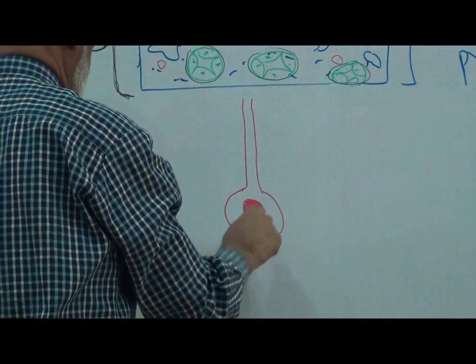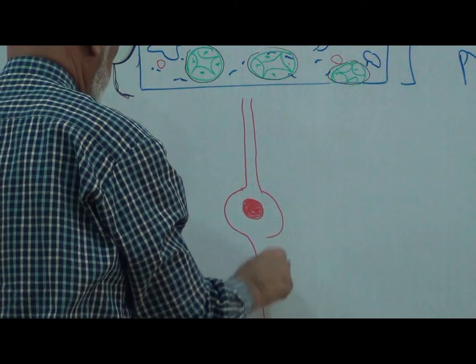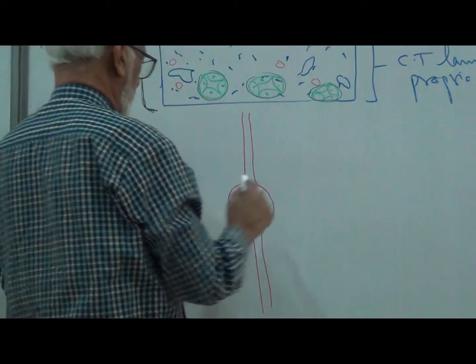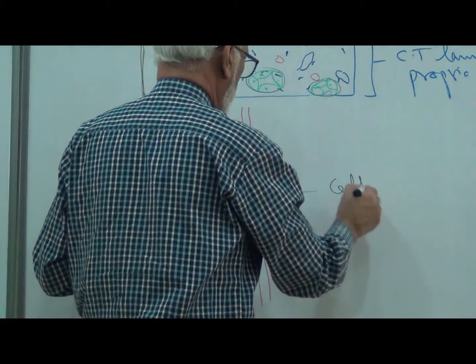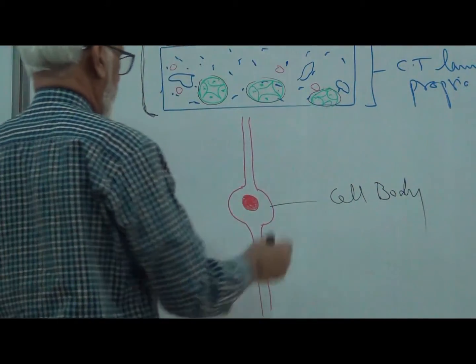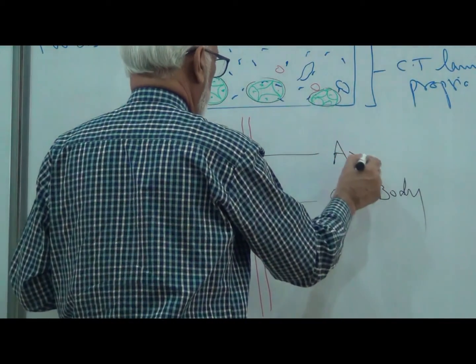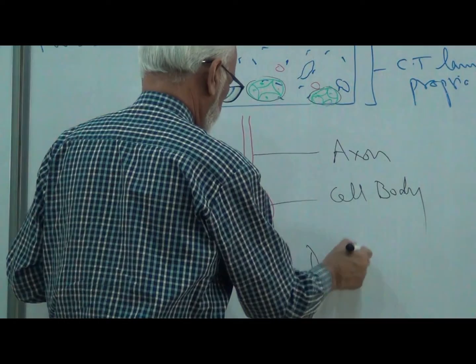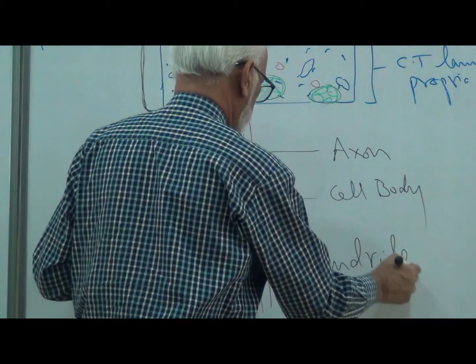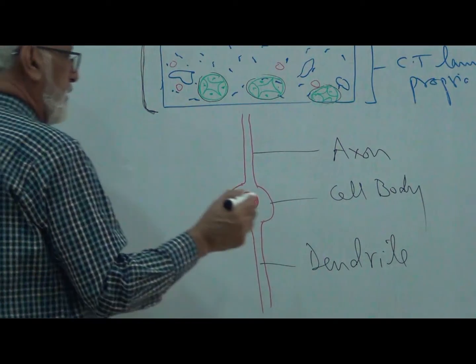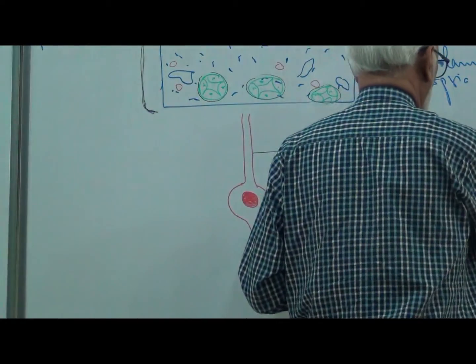This is an axon, and this is a dendrite. So the olfactory neurons are bipolar neurons.